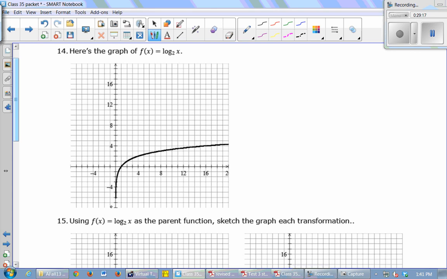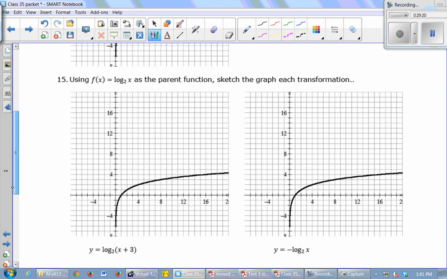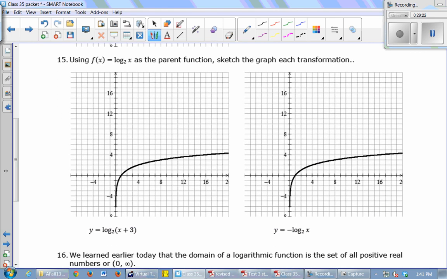All right, so I want you to use log base 2 of x as the parent function. So I've given you the parent function, both of these. I want to sketch each transformation. So if I want to sketch log base 2 of quantity x plus 3, what transformation is taking place here?